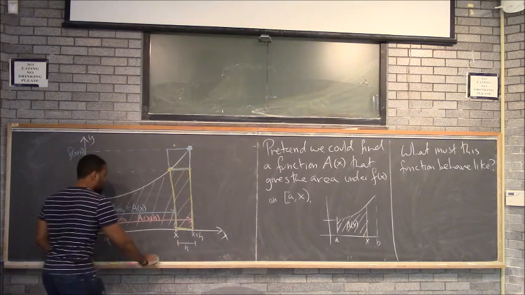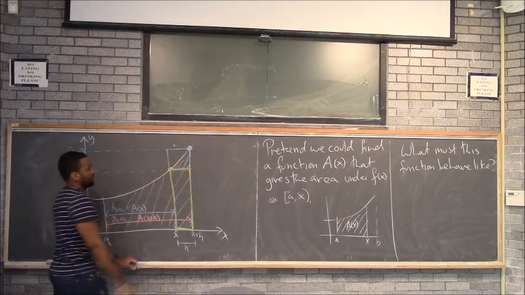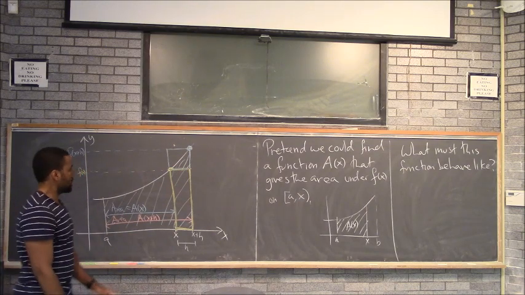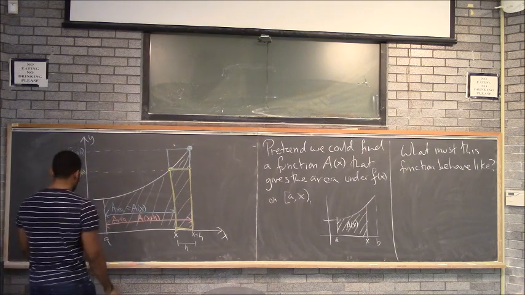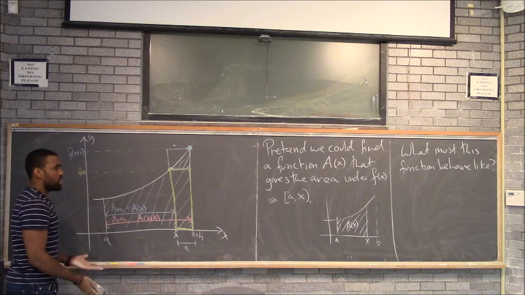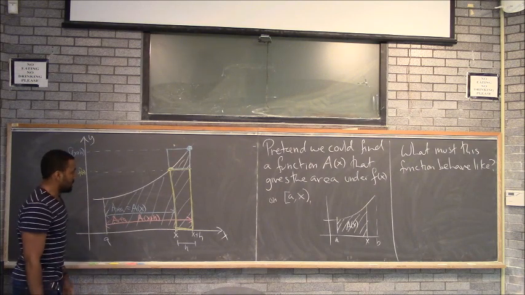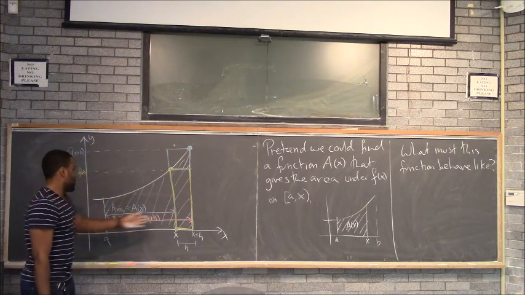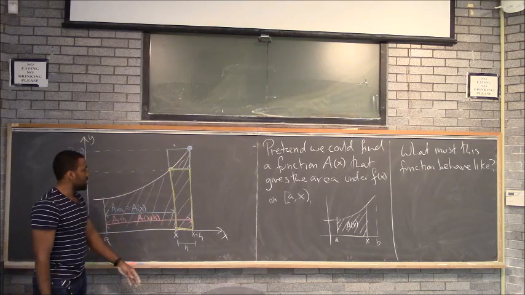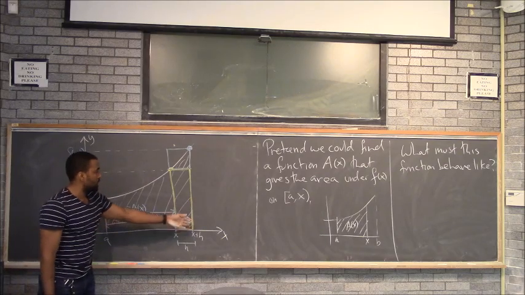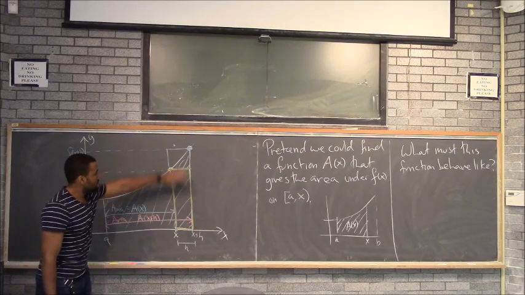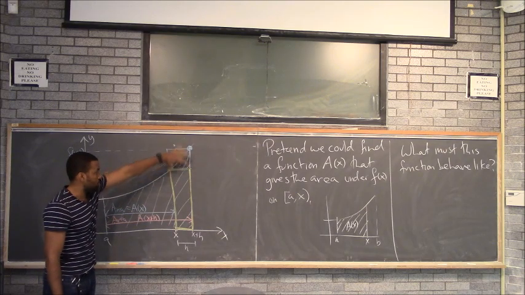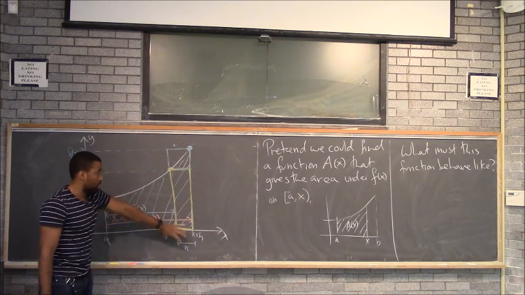So I can look at these two pieces here. And so now here's what we're going to do. Up to this point we know what the area is. I want to measure the extra area that I get by pushing this forward. Let's actually measure the area of this part here. That's what I want.